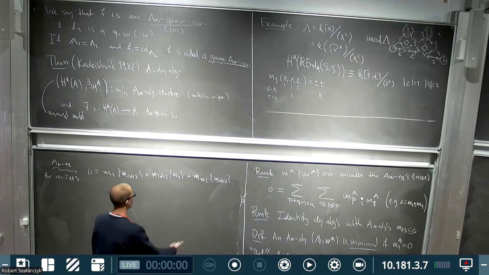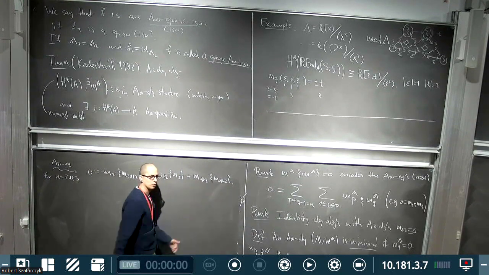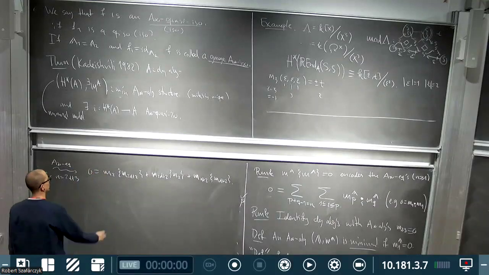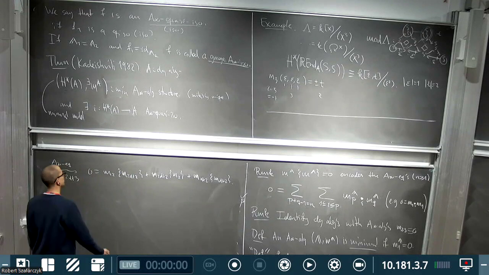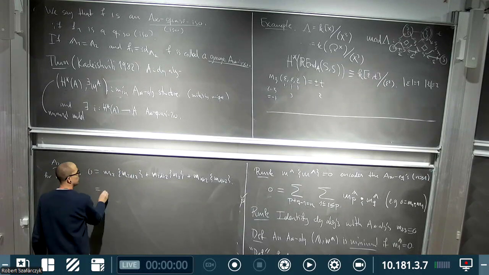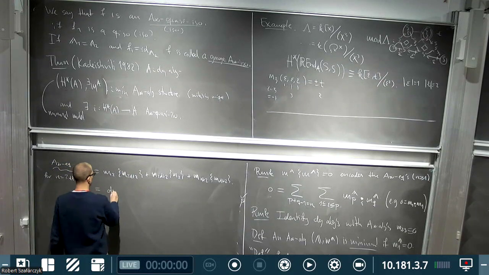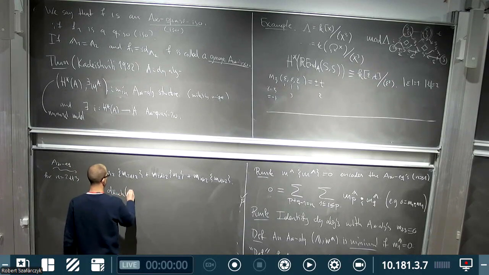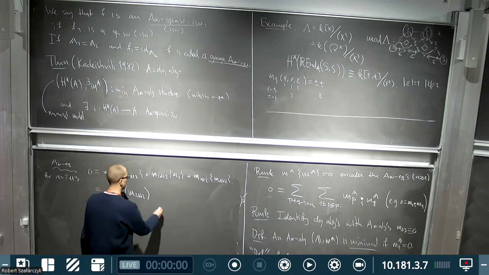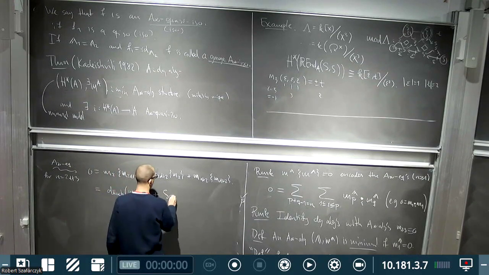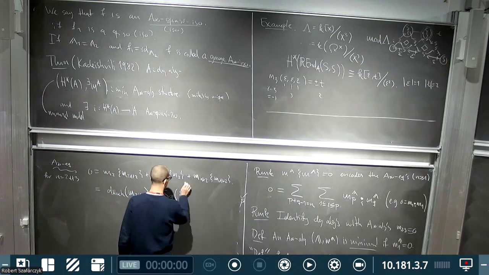Yeah, so this will be, for example, 2d plus 4 minus 1, 3. And same here, 2d plus 2 plus 4 minus 1, 3, etc. And then I see that this is the Hochschild differential of m_{2d+3} plus the Gerstenhaber square of m_{d+2}.